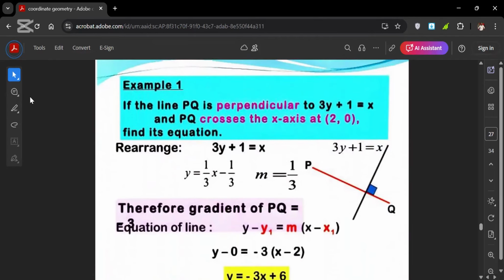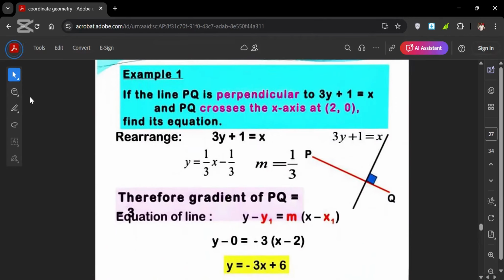Check it here. The very first thing, we have arranged the equation and we got m equal to 1 upon 3. Now, as the other line is perpendicular, we are going to use m1 multiplied by m2 is equal to -1.